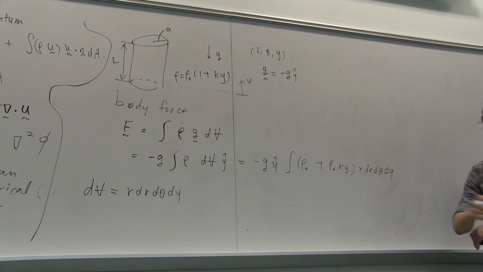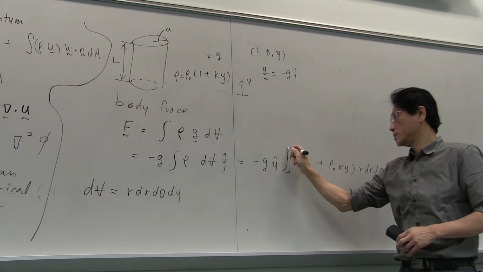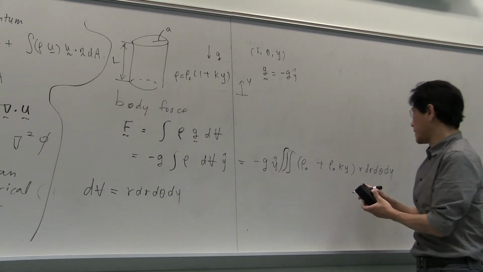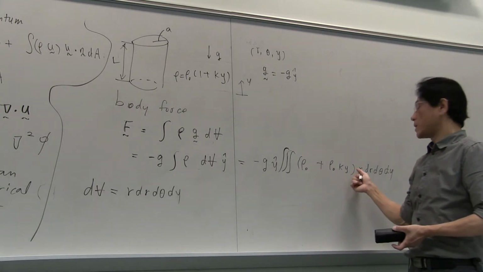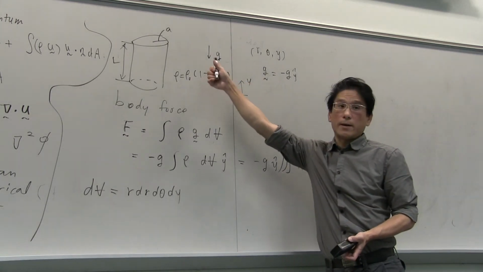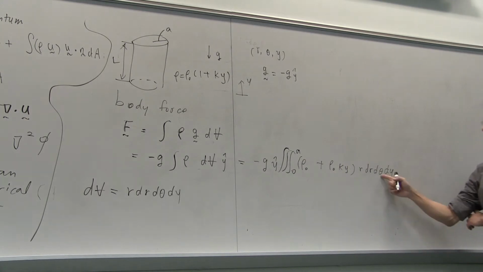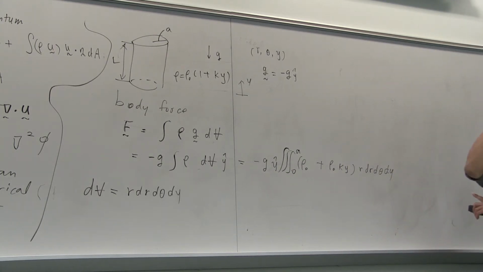Basically, you're integrating over three-dimensional space. From where to where? r goes from 0 to a, which is the radius of the cylinder. Theta goes from 0 to 2 pi.